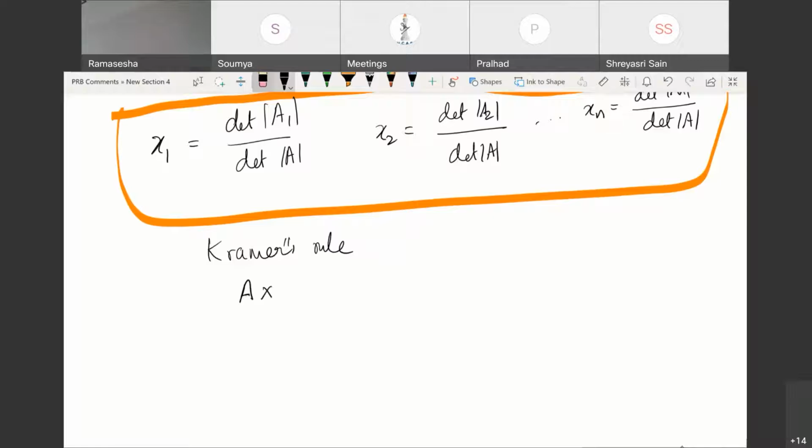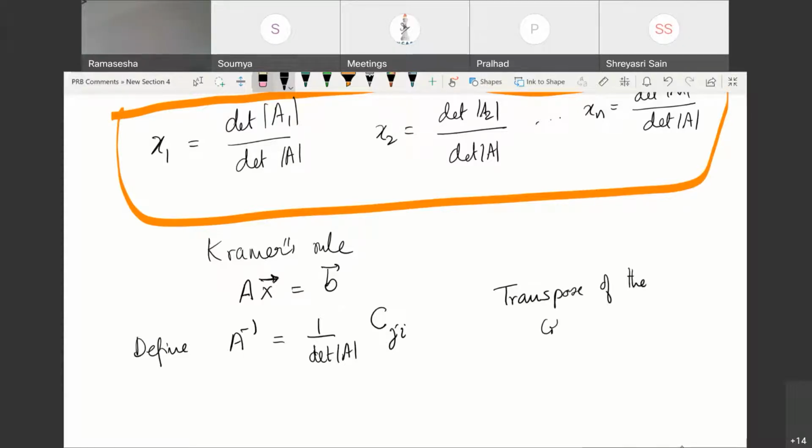Now I define A inverse as equal to 1 upon determinant of A times Cji, that is, the transpose of the cofactor matrix, which is equal to 1 upon determinant A times C transpose. Okay. Now if I define it this way, then let me see what happens.